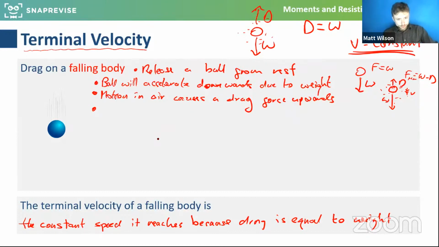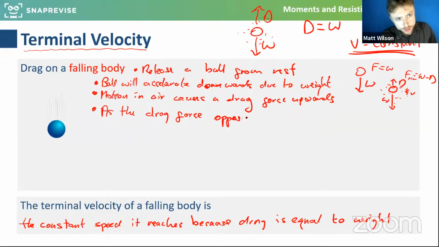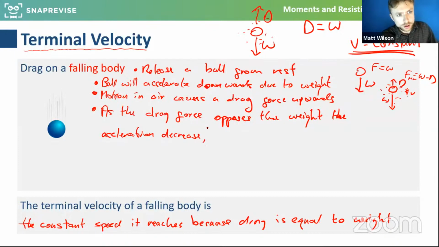So what does this tell us? Well, as the drag force opposes the weight, the acceleration decreases, but remains downwards.